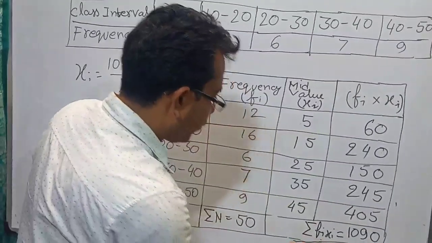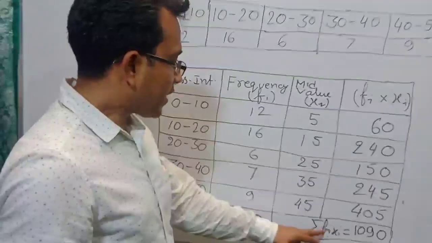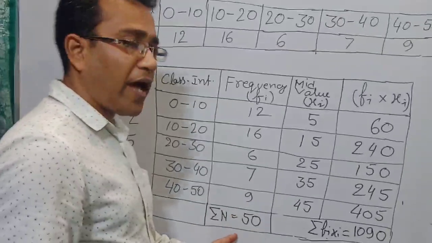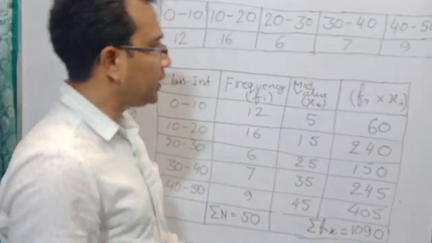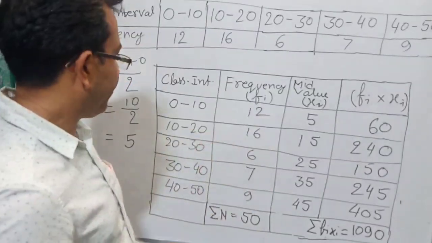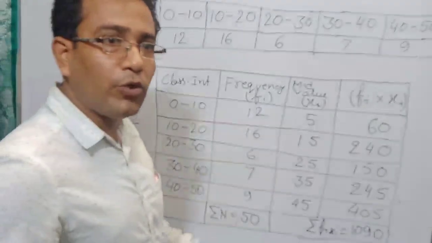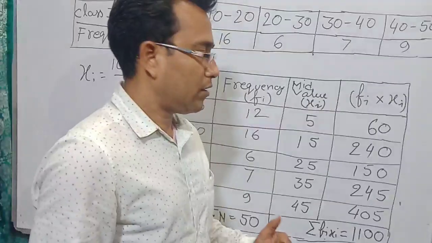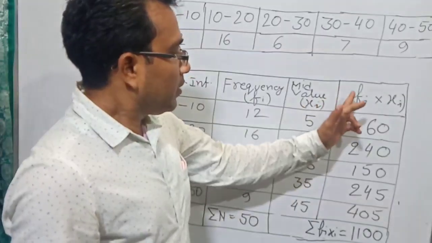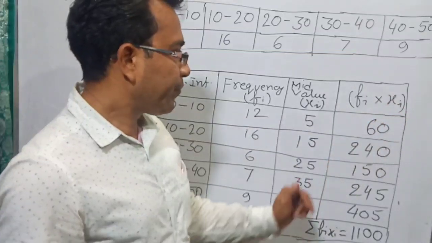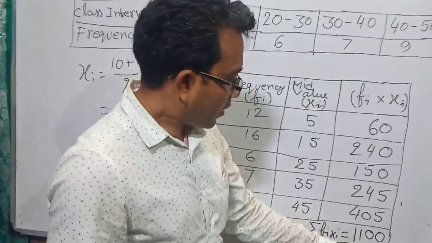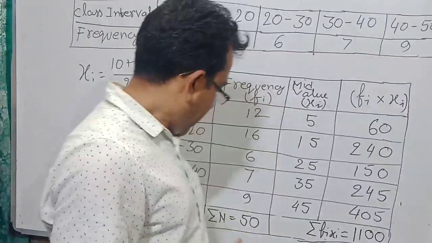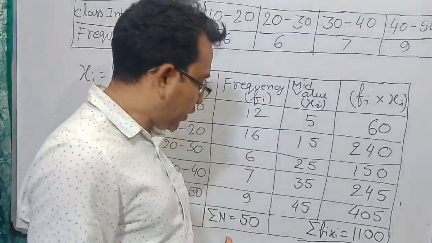After adding this we got summation Fi Xi equal to 1100 and summation of n equal to 50.